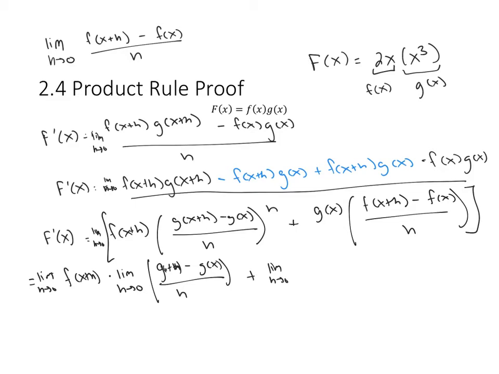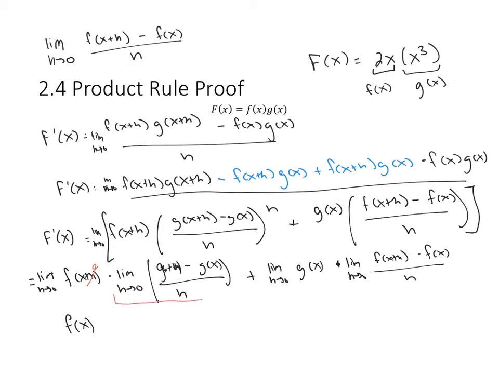And then we're going to independently let h go to 0. All right, so the limit as h goes to 0 of f of x plus h, well, this h will go to 0, so it will go away, and this will just become f of x.